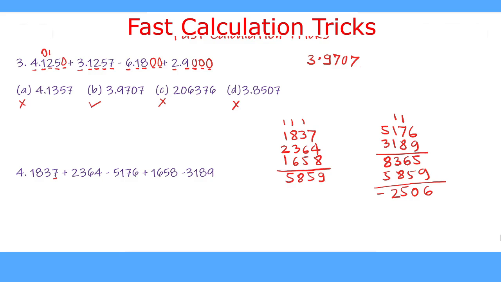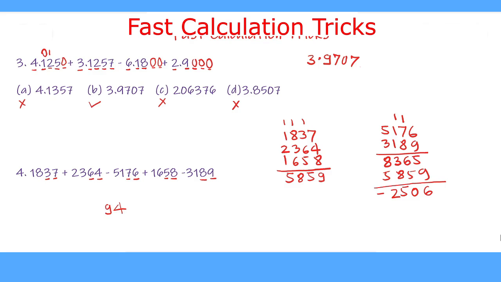7 plus 4, 11. 11 minus 6 is 5. Plus 8, 13. 13 minus 9 is 4. So we write 4. 3 plus 6 is 9. 9 minus 7 is 2. 2 plus 5 is 7. 7 minus 8, that is 17, we carry 1, and 17 minus 8 is 9.